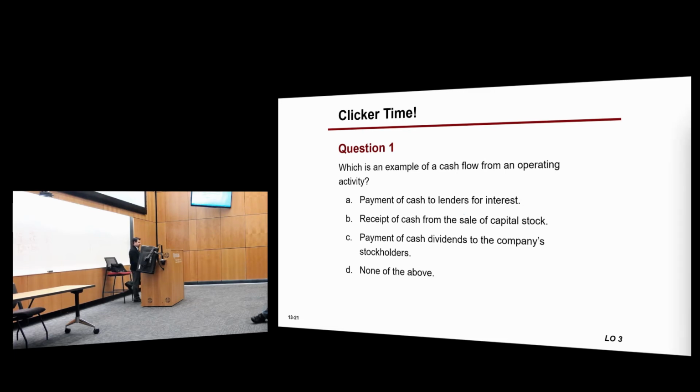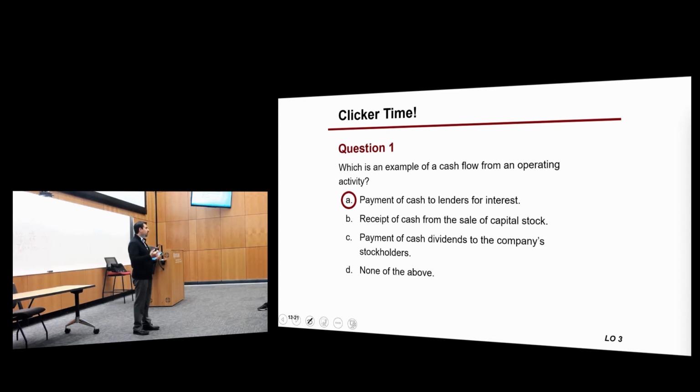So what was it? Okay. So an example of cash flows from operating activities is payment of cash to lenders for interest. So this is a payment of interest. Receipt of cash from sales of capital stock, this is what?